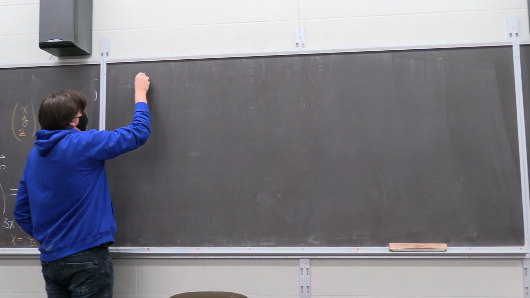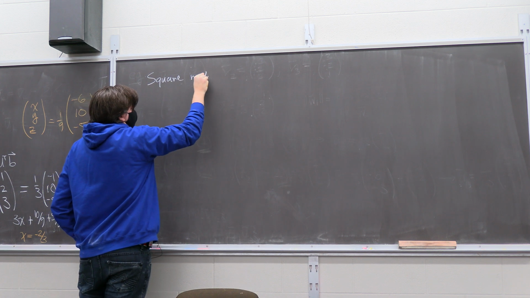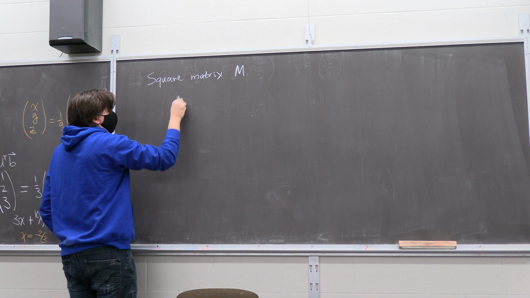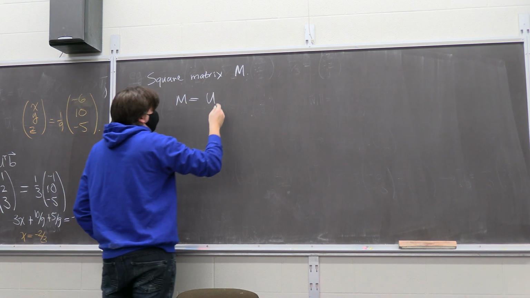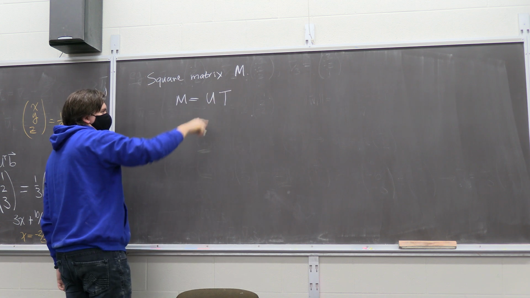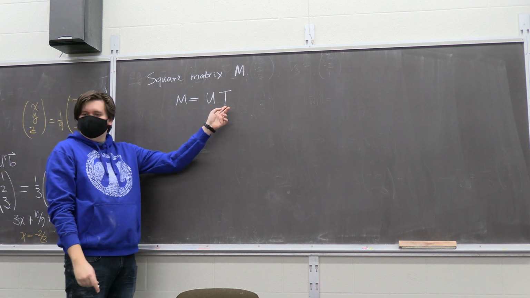So if we have a square matrix M, then M can be written by a decomposition as U times T, where U is unitary and T is upper triangular. And these are both square matrices now, right?